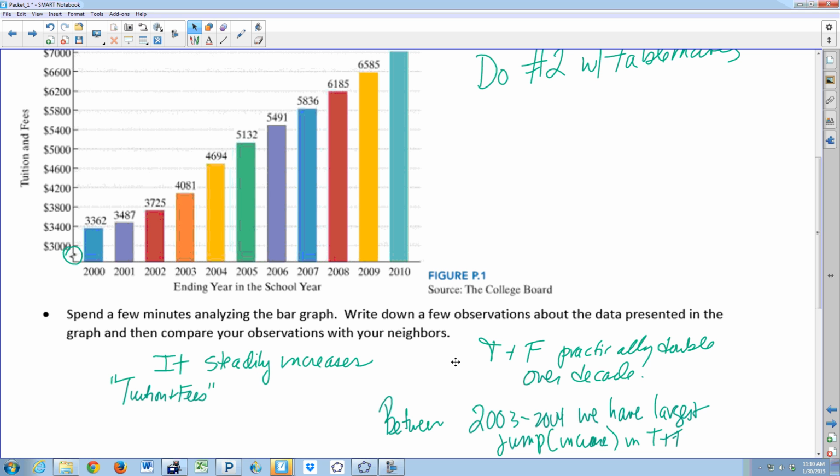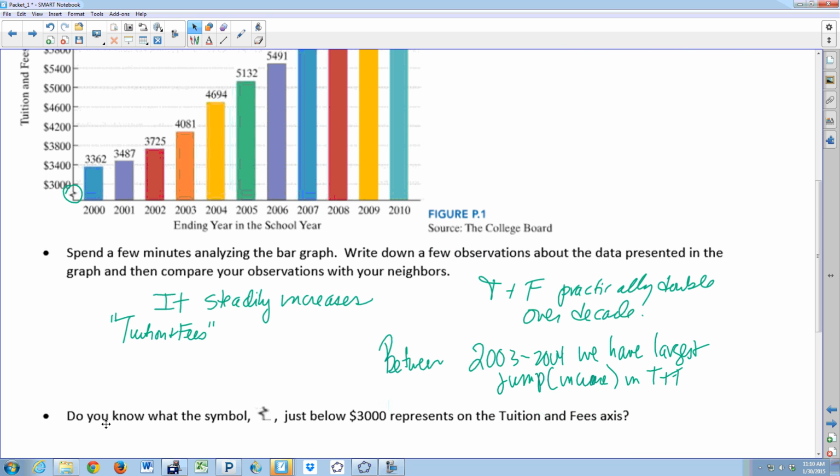My understanding of inflation is that these are actual real costs, over and above what you'd get if you just took the dollars from 2000 and put them into 2010 dollars. These are the actual increases. Right. But why isn't it more steady all the way down? Because inflation isn't constant. Inflation from year to year is not the same.